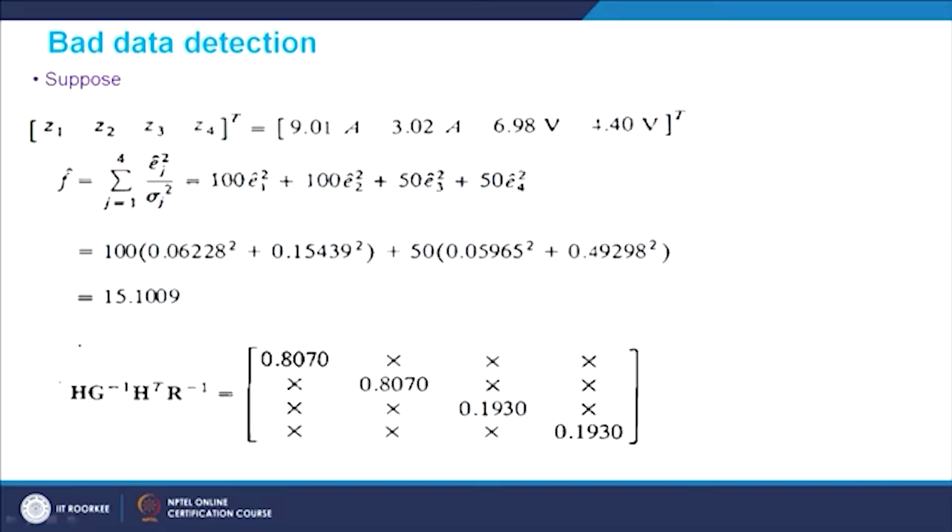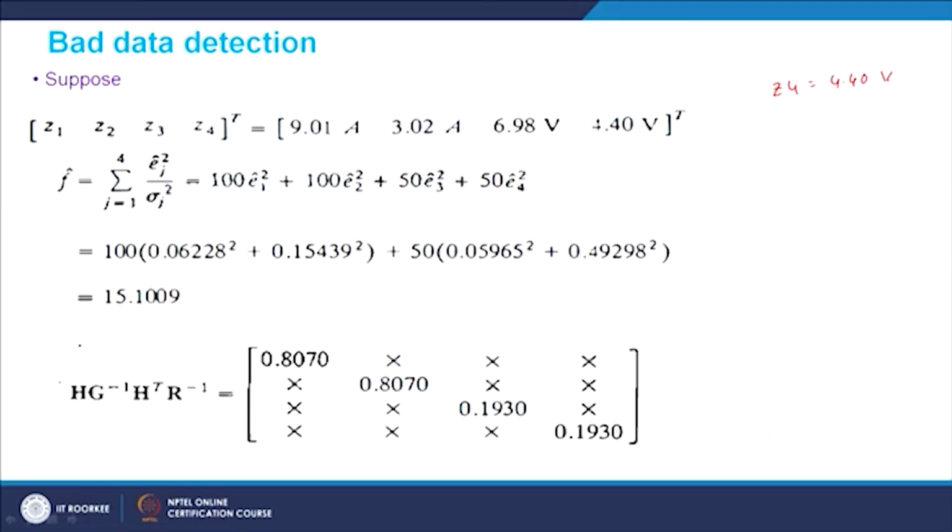Now, suppose we have another case, where all three other measurements were the same, but now Z4 was 4.40 volt.